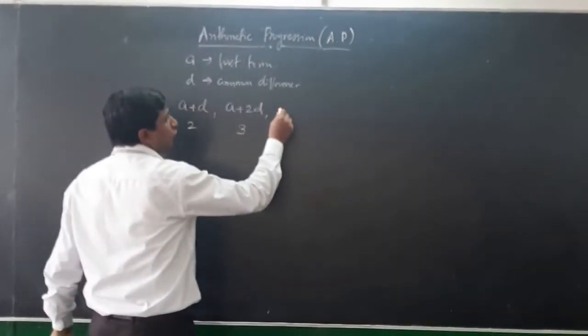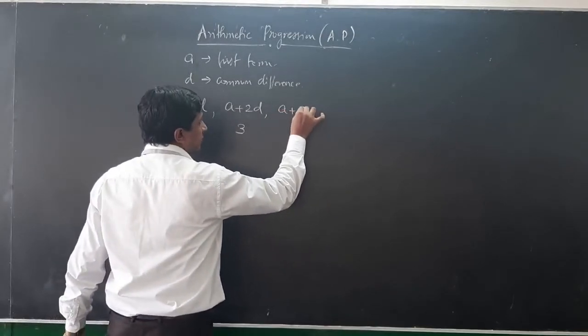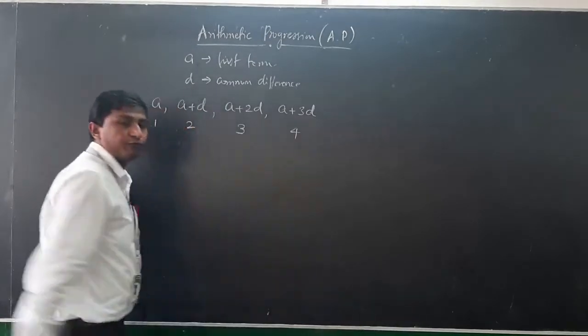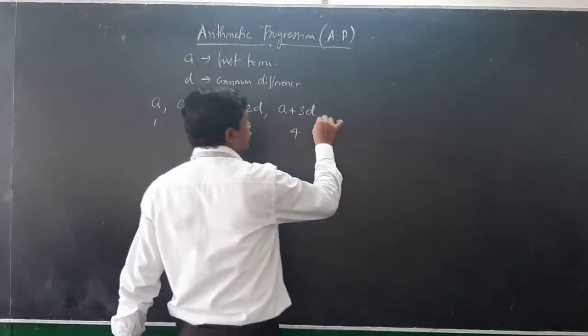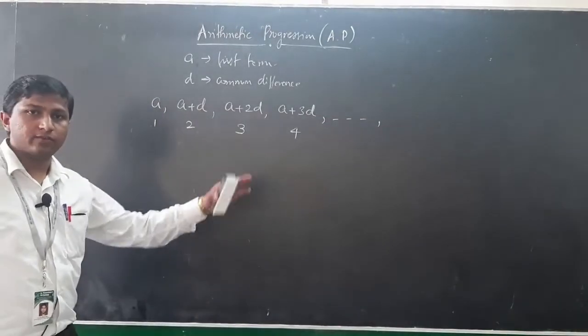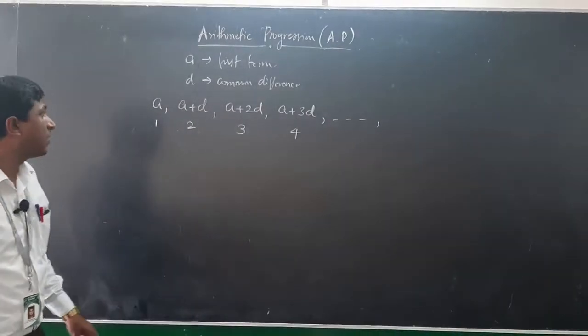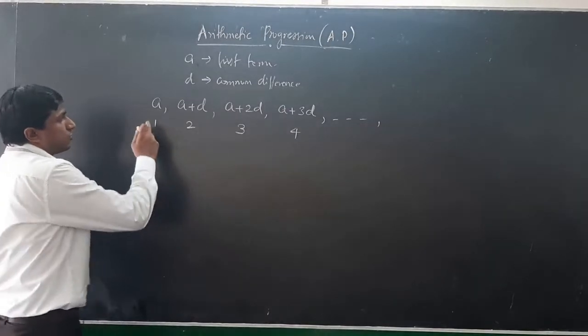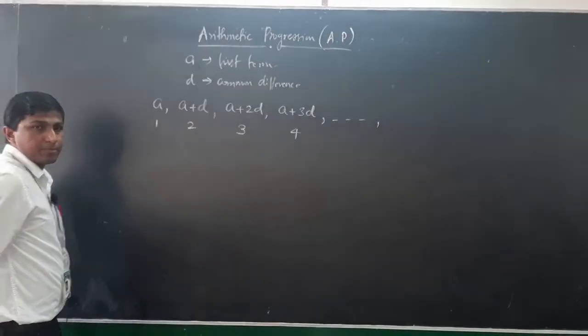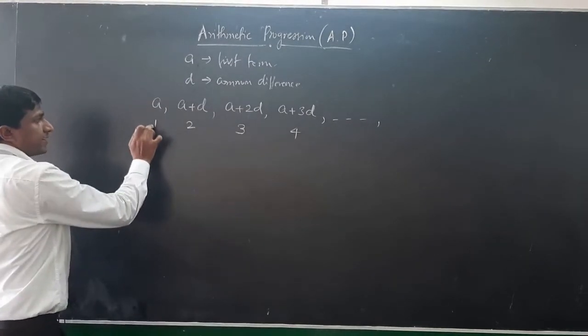What might the fourth term be? Again you can write it as a plus 3d. This will be the fourth term and so on. There will be the fifth, the sixth and the continuing terms. But just look here: the first term is a, and the position of a is 1.